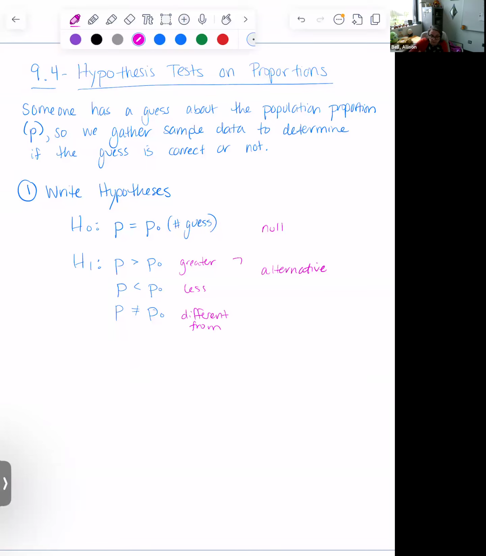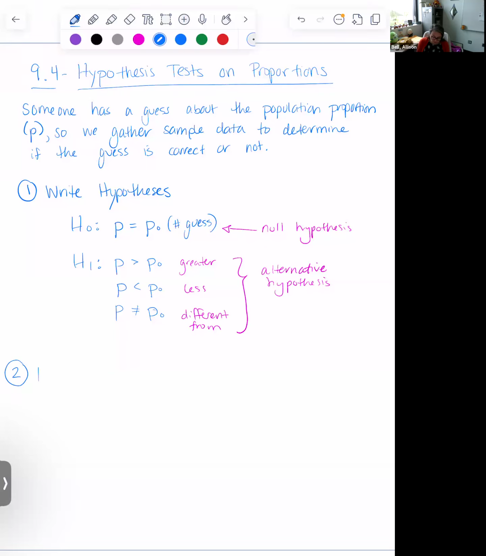And we choose one of those options to be the alternative hypothesis. The null hypothesis always says equal to. So we make a choice for our alternative hypothesis, but our null hypothesis always says that the guess is correct. Our attempt is to show that the alternative hypothesis is true. That's always the goal. So how do we do that?